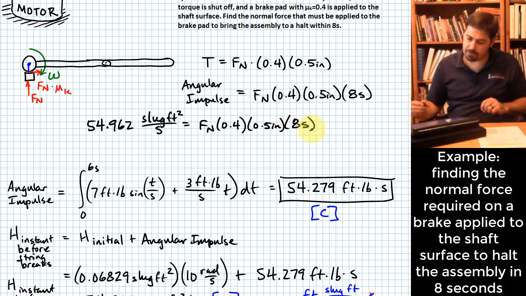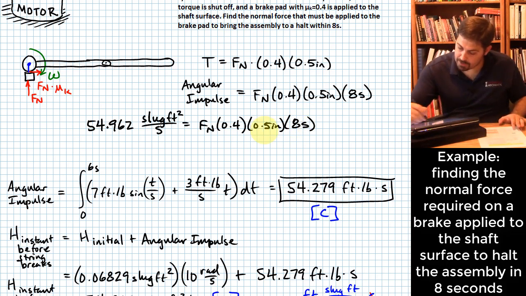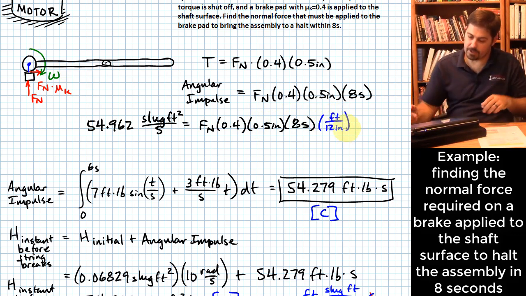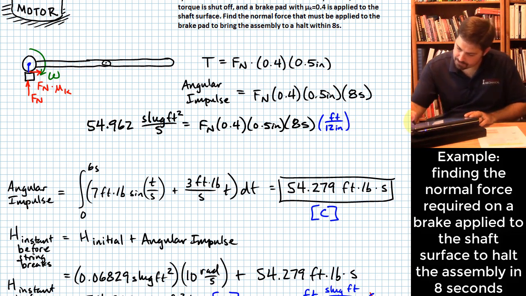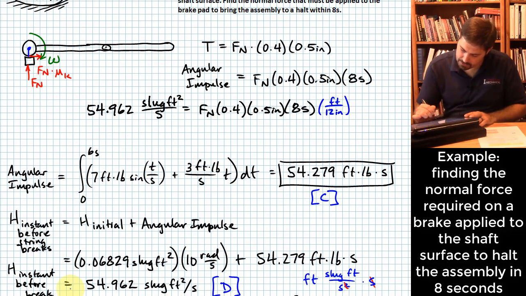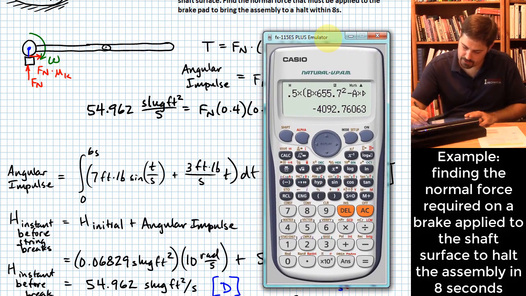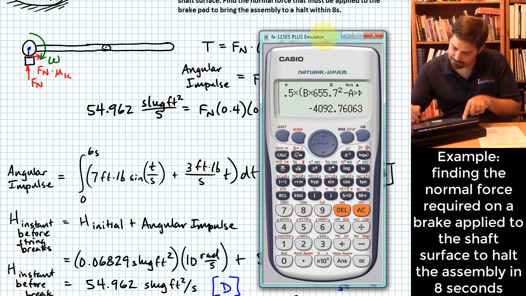Okay, now something to be careful with here, I probably need to convert this inches into feet. So something like that, so that it ends up with consistent units across both sides of this expression. All right, so there's all of that stuff. I believe I had 54.962 stored into D. Okay, so let me go ahead and use that.